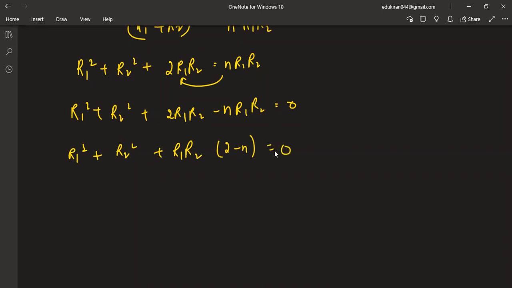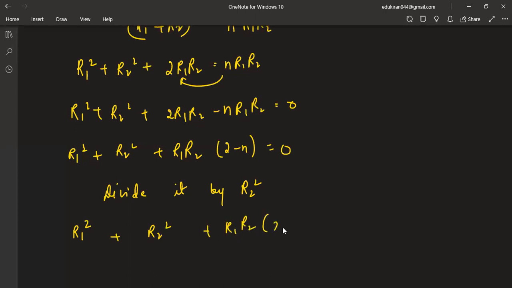Now, to get the equation, we can divide the entire equation by R2 square.